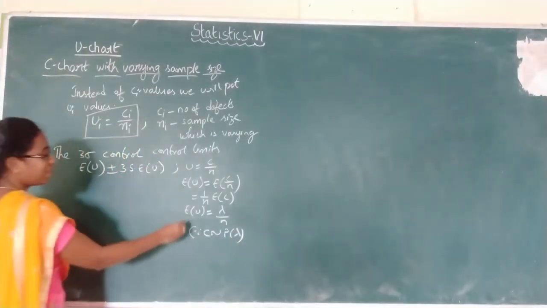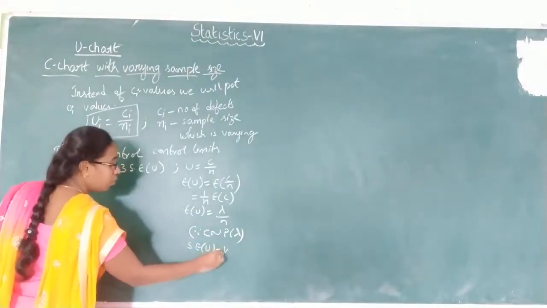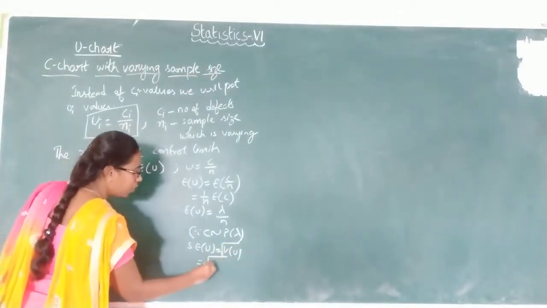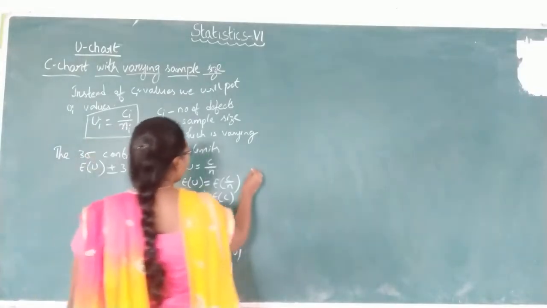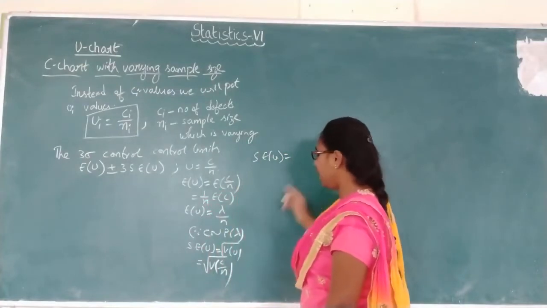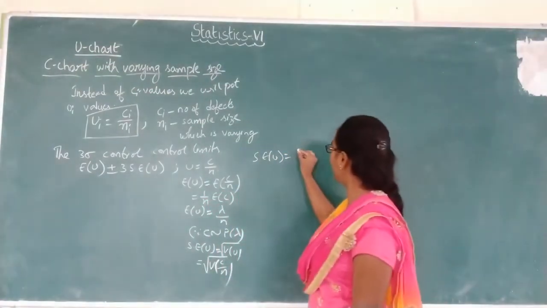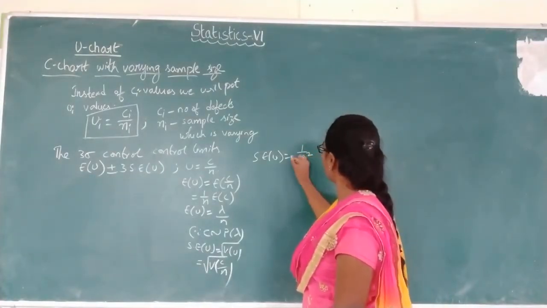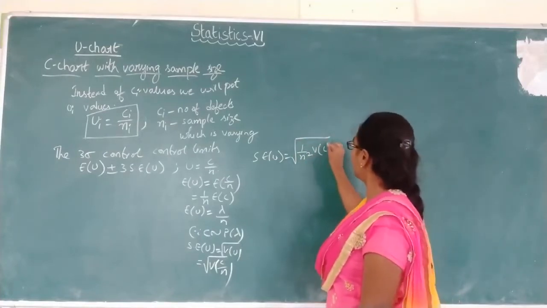So this is the expectation of U, and the standard error of U equals the square root of the variance of U, where U is C by N. Here 1 by N is constant, so its variance will be 1 by N square, the square root of 1 by N square into variance of C.